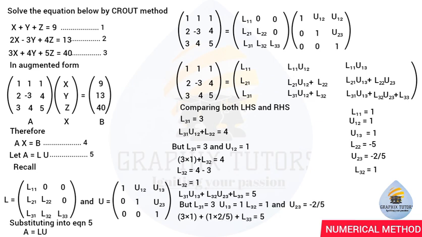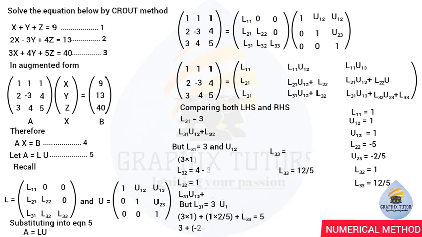Now 3 times 1 is 3, plus 1 times minus 2 over 5 is minus 2 over 5, plus L sub 3,3 equals 5. If I collect like terms, L sub 3,3 will be equal to 5 minus 3 plus 2 over 5, which is 12 over 5. So that is my L sub 3,3.